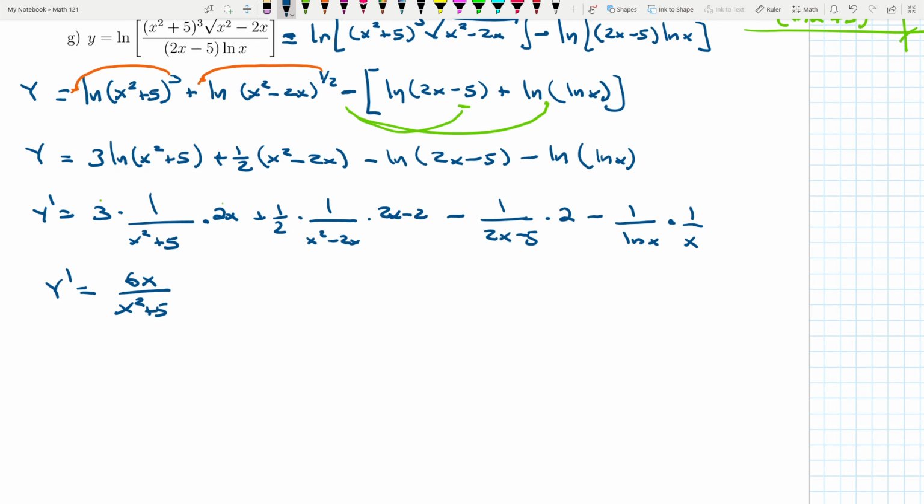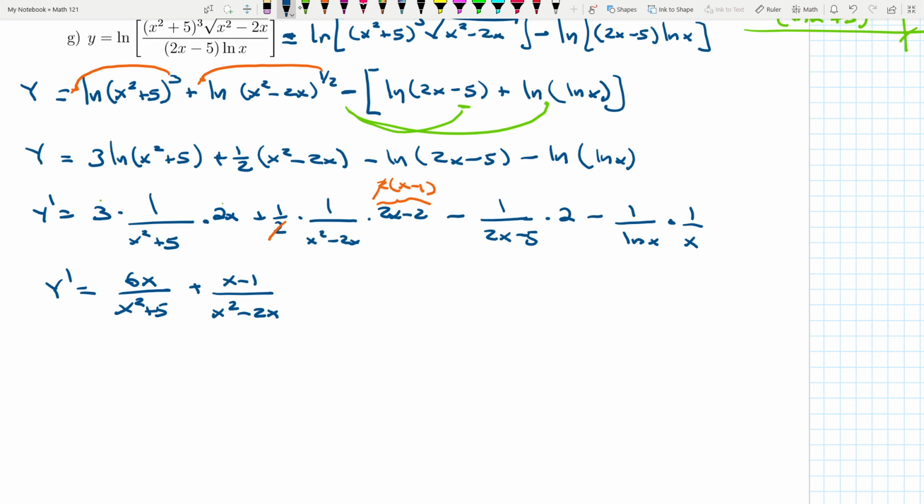Also, see what's going to happen here. This 2x minus 2 is going to be 2 times (x minus 1), and that 2 is going to cancel with the 2 in the 1/2 in the front. That is x minus 1 divided by x squared minus 2x.